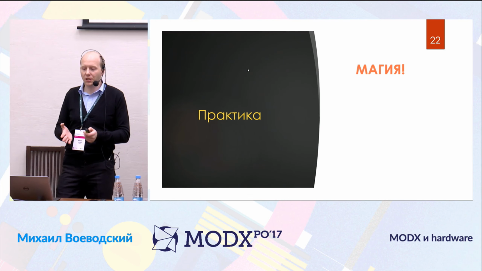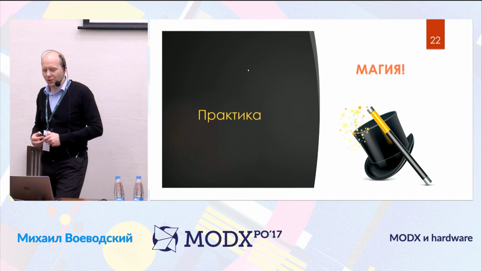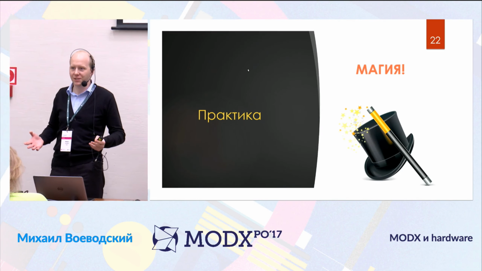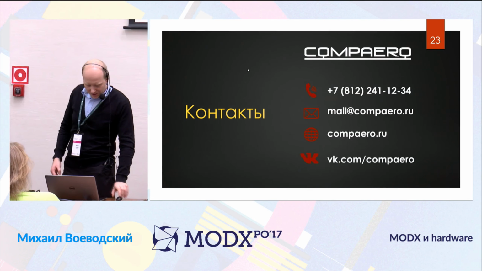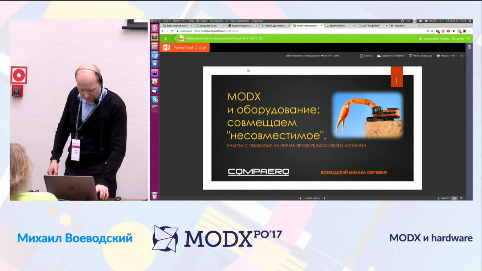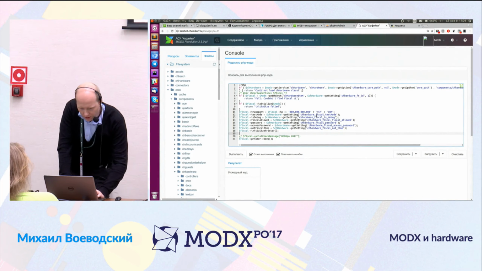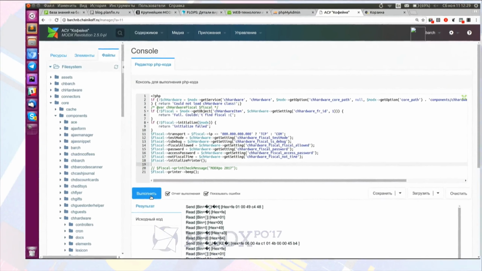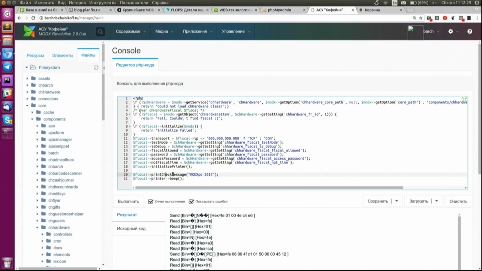As you can see, in practice this works like magic. Everything is easy and simple, and it emerges all of a sudden. Now I will show you a couple of interesting things. This is the console I mentioned to you, and as you've heard, the equipment provided this beep noise, a very simple code.